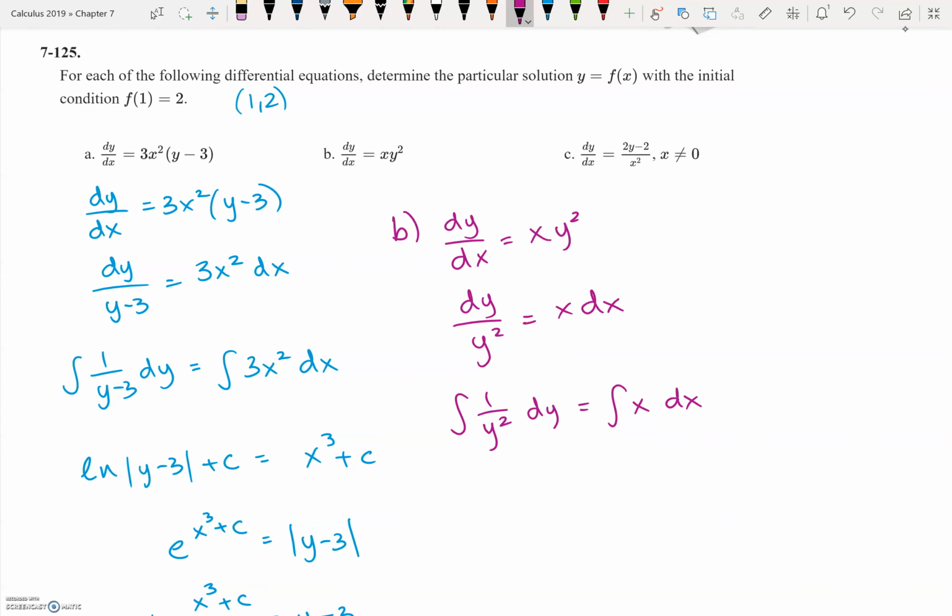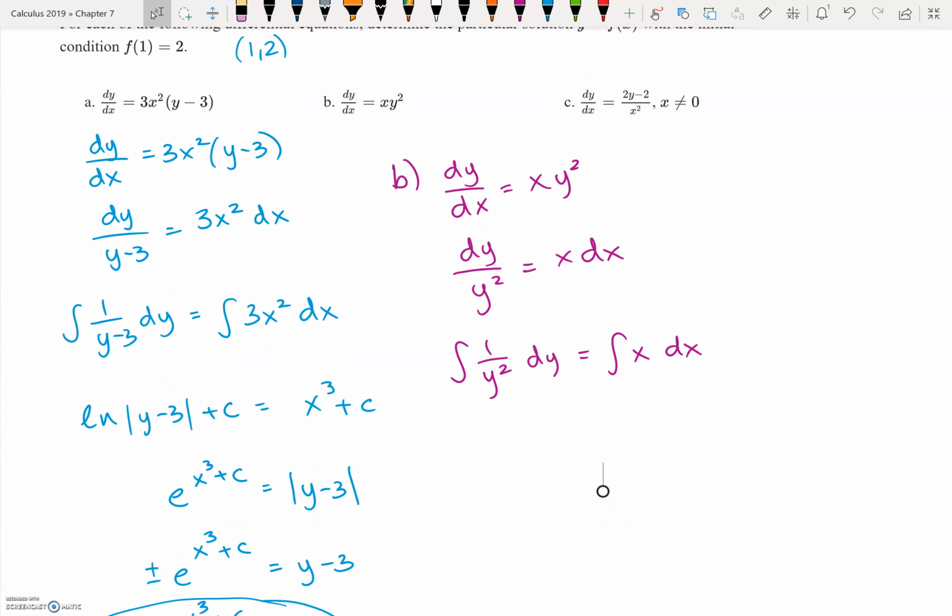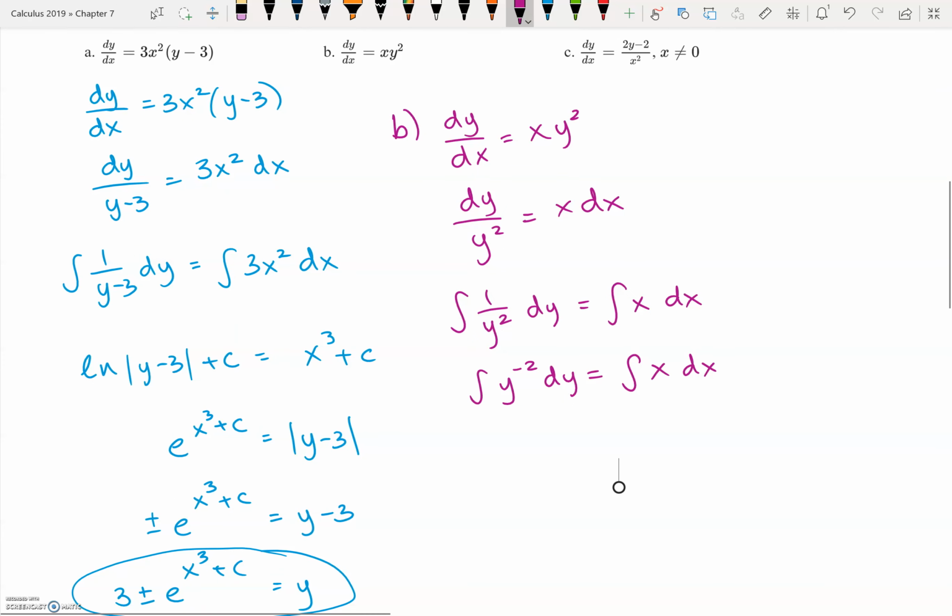So what is the antiderivative of 1 over y squared? Before you jump to thinking that it's just like this problem, this is really saying y to the negative 2. The antiderivative of that, since when you take the derivative of a negative exponent, you subtract 1, we're going to get y to the negative first.